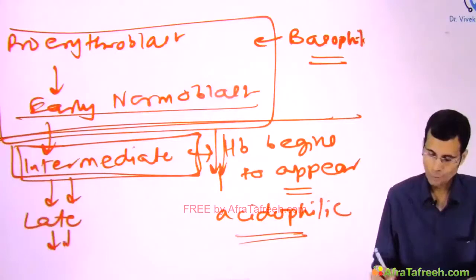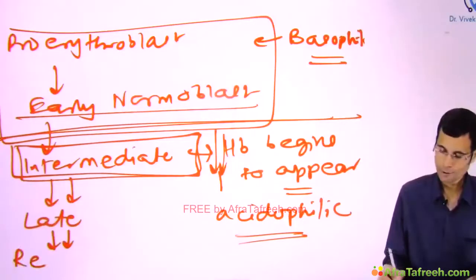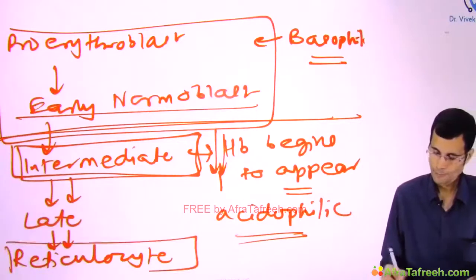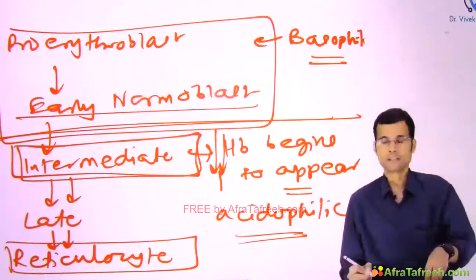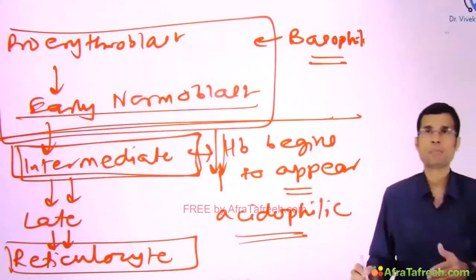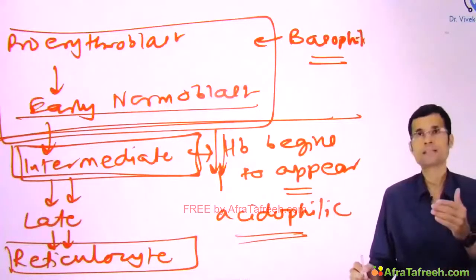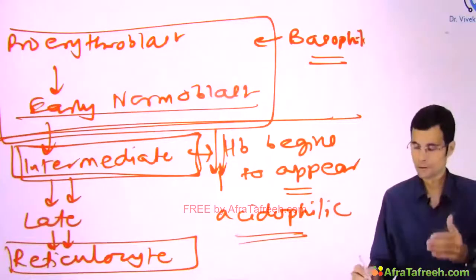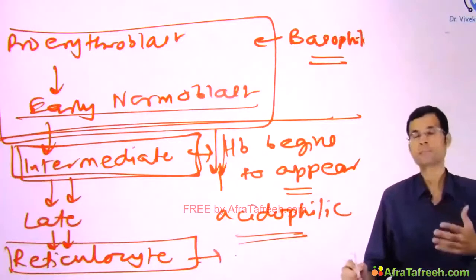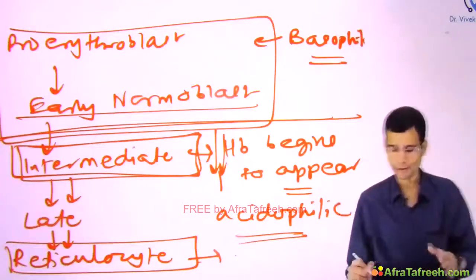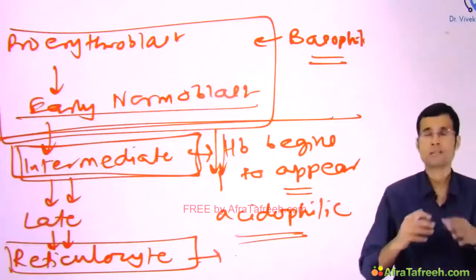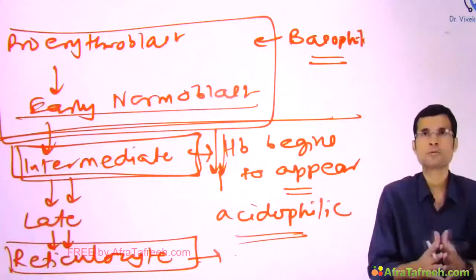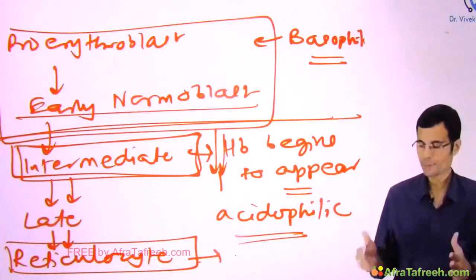Then from the late normoblast stage, there is formation of reticulocyte. At this stage, the RBCs leave the bone marrow and over the next 24 hours, they mature into the matured erythrocyte in the peripheral circulation. So, the stage at which RBC leaves the bone marrow is the reticulocyte stage.